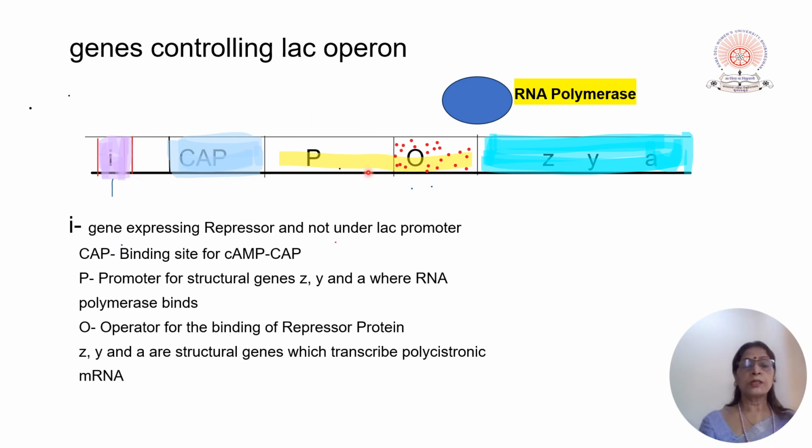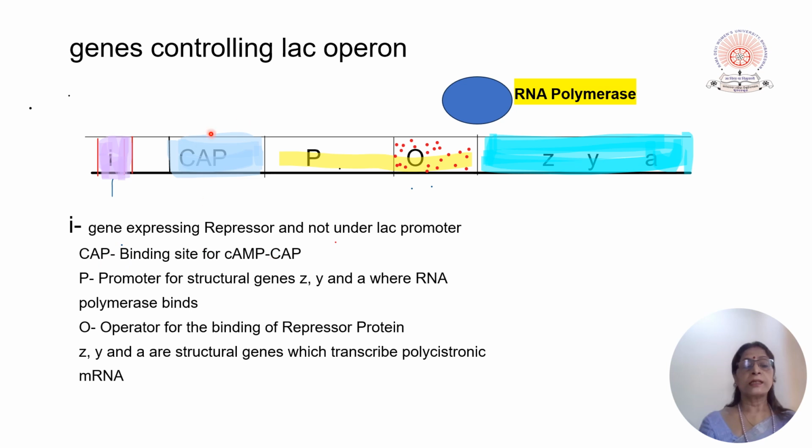There is a promoter sequence, operator sequence, and three structural genes Z, Y, and A. The I gene is not a part of the lac operon, but it controls the negative regulation of the lac operon. It codes for the repressor, and there is a separate promoter under which the I gene is present.